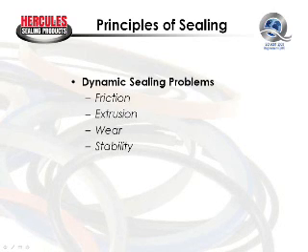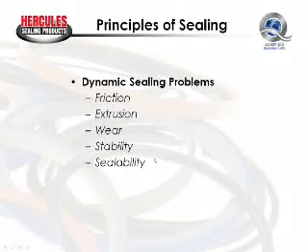Stability is a bigger problem. Notice before we talked about stability. The more stable we can keep the seal in the seal groove, the better the sealability is going to be at low pressure. And then finally, sealability. If we can overcome these first 4 dynamic sealing problems, we will achieve a high level of sealability in our seals.